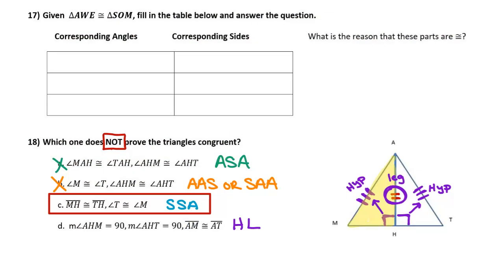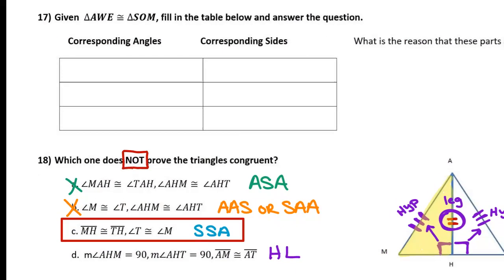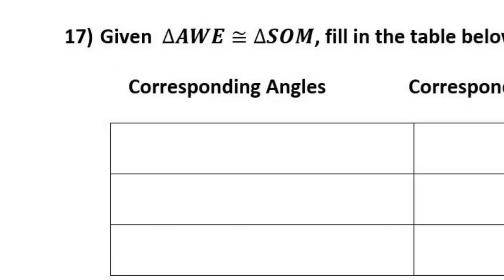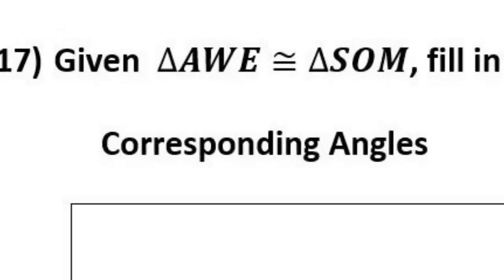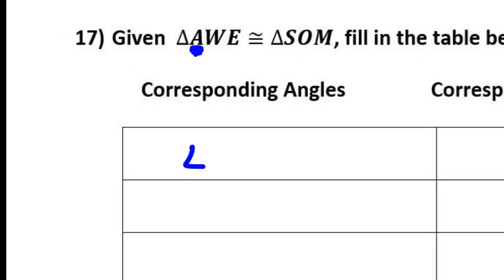All right, 17. Given triangle AWE and triangle SOM, fill in the table below and answer the questions. So we want the corresponding angles first. So I'm going to match up one letter to one letter, same position. A would be an angle of a triangle. So I'd say angle A is congruent to, what would that correspond to on the other triangle?